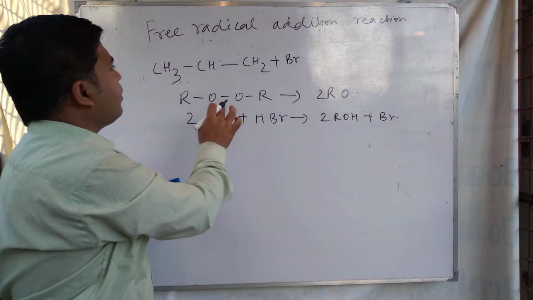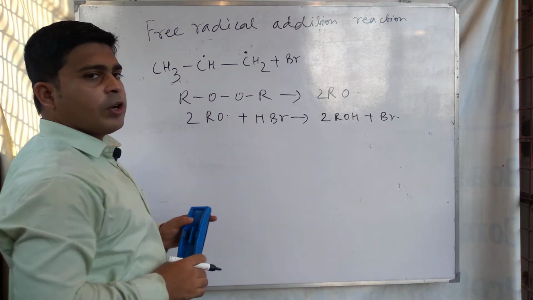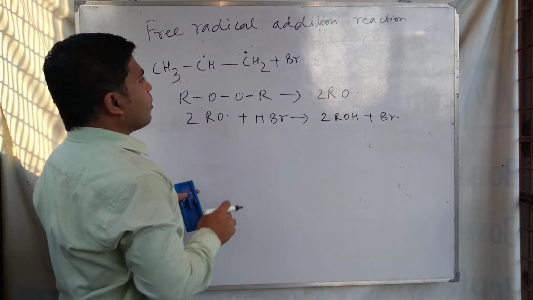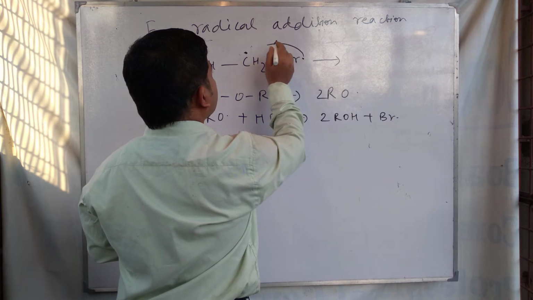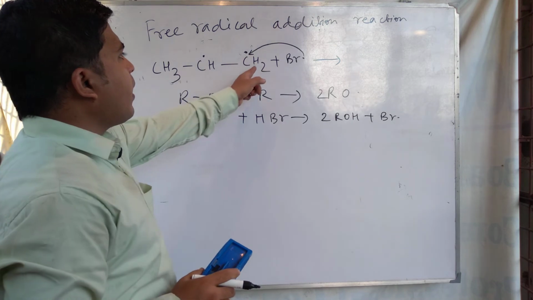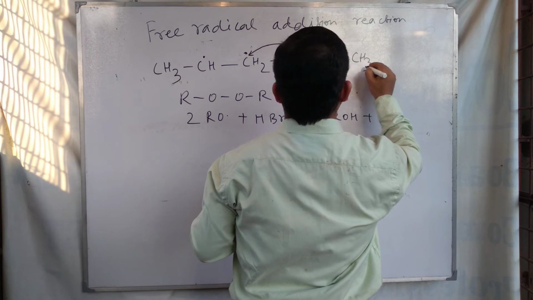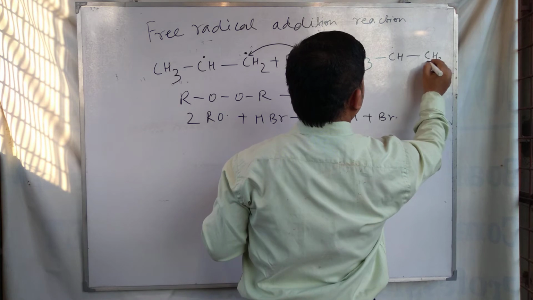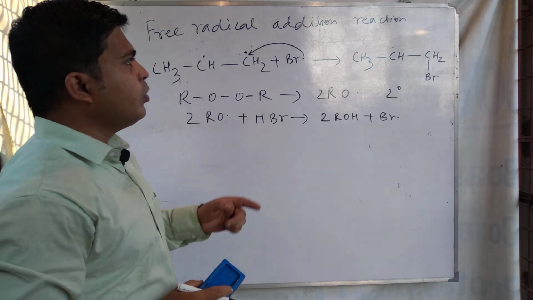We can consider this double bond as dot and dot. One double bond means one electron, another electron. And bromine has one electron, so at first bromine adds to this CH2 dot, to form a 2 degree radical.